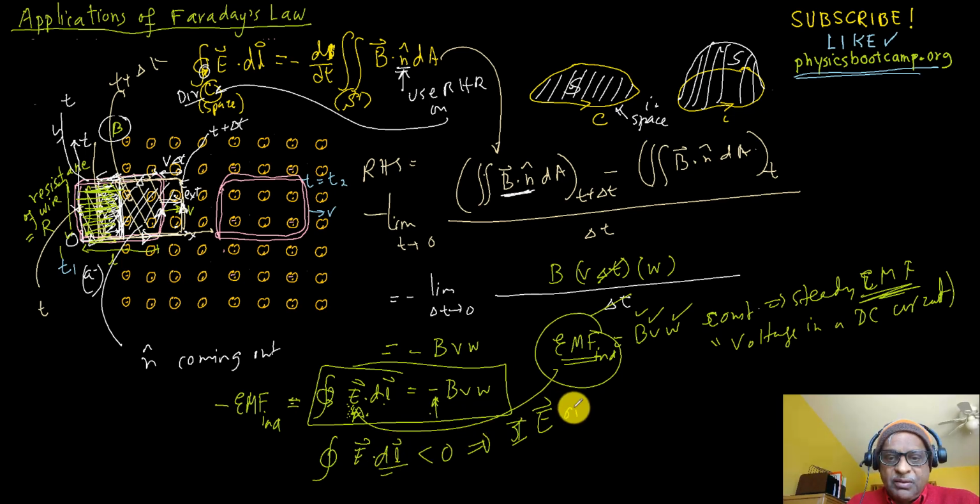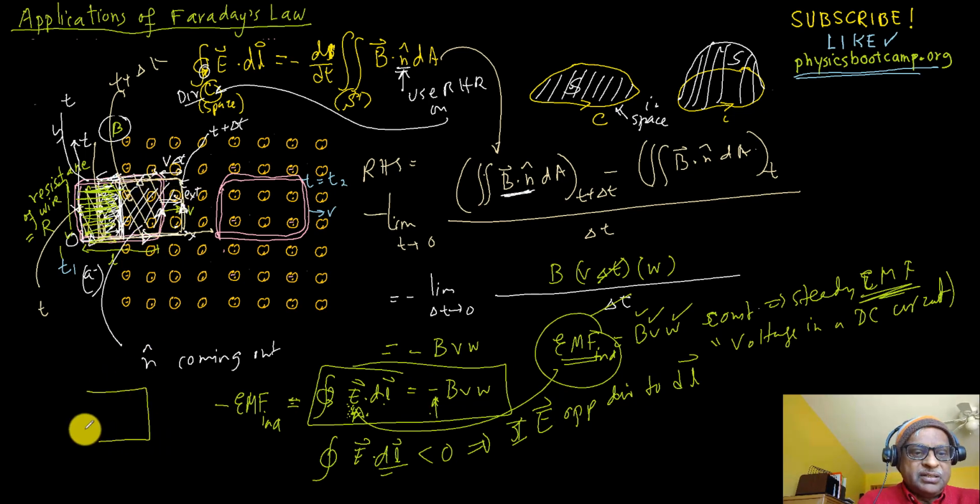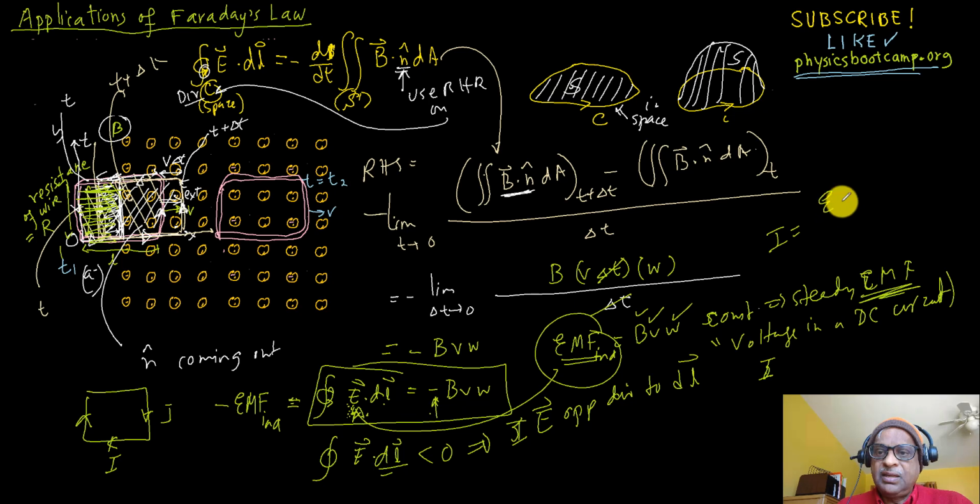So if dl was this way, the current will flow this way, and the amount of current I will be just the induced EMF over R.